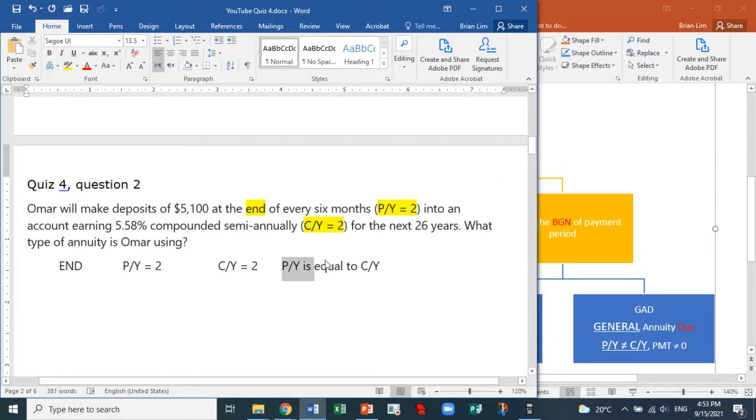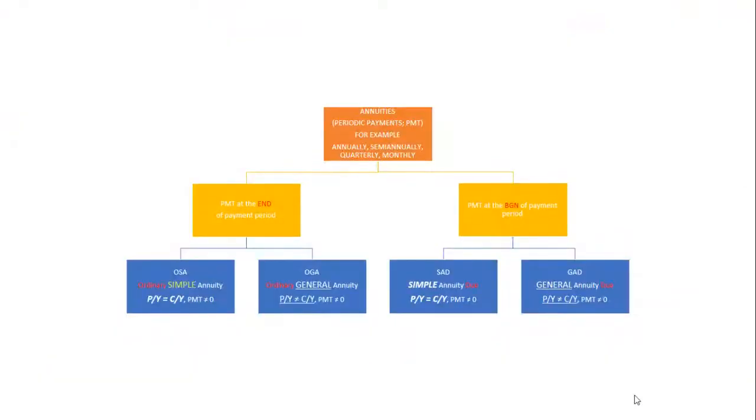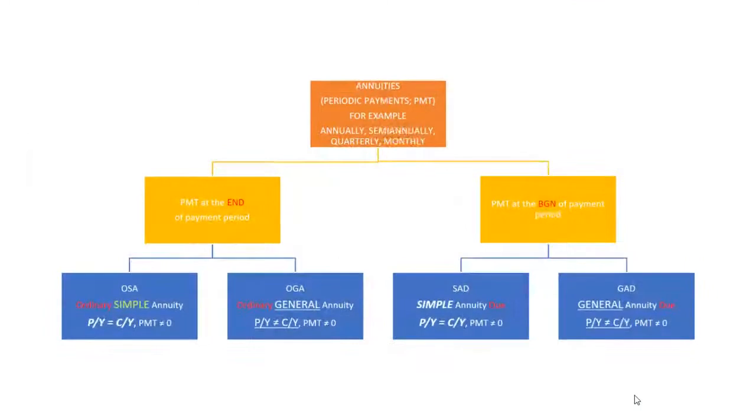All right, so PY is equal to CY. Okay, so there we are. Now, if we go back to over here, let's go to the slide view and we'll probably see things a bit better. So PY is equal to CY. The payment is made at the end.